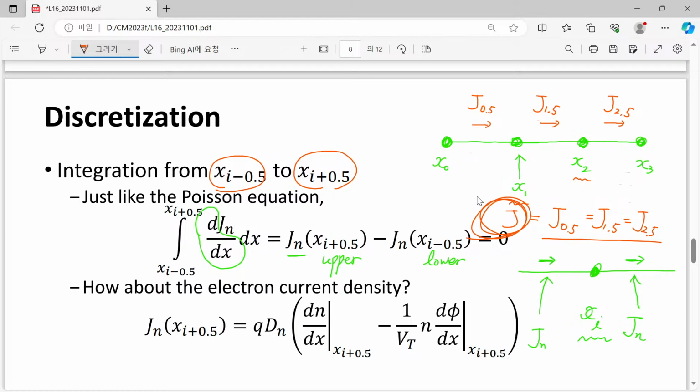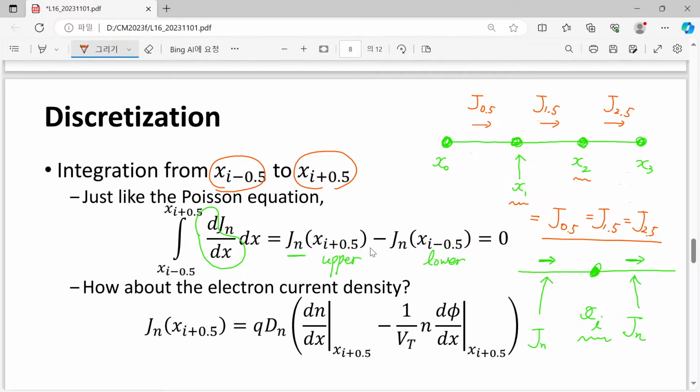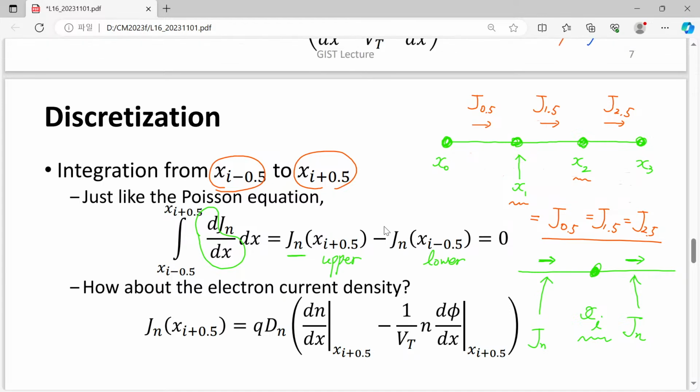It just states that we have certain continuity. Current is conserved. Then conserved to what value? That is related to this expression. So this expression is now covered. So how can you calculate or discretize this equation?